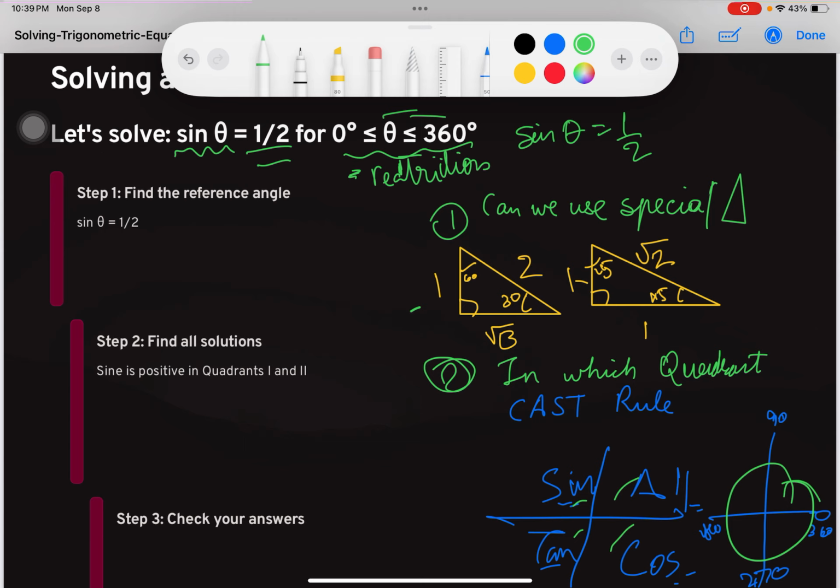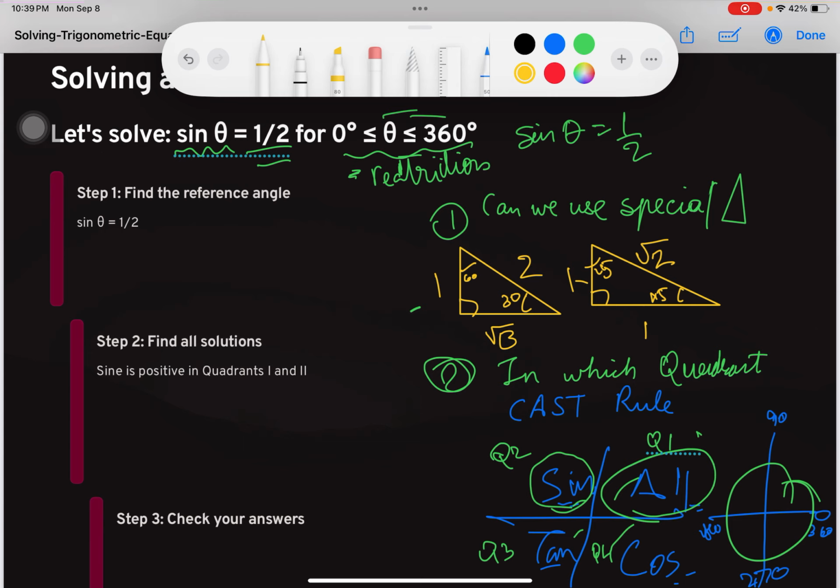Where is sine positive? Sine is positive in quadrant 1 and quadrant 2. So this tells you how many solutions you will have for the value of theta.